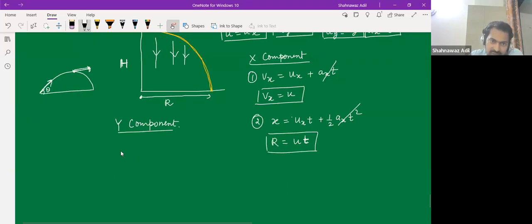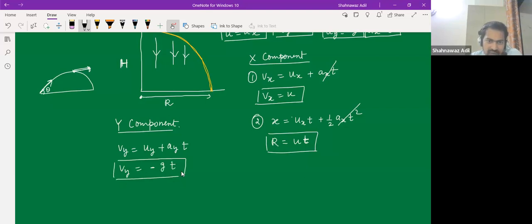Using the Y component, Vy is Uy plus Ay t, right? Uy is 0 and Ay is minus g, so Vy is minus g t. But we don't want to calculate Vy.